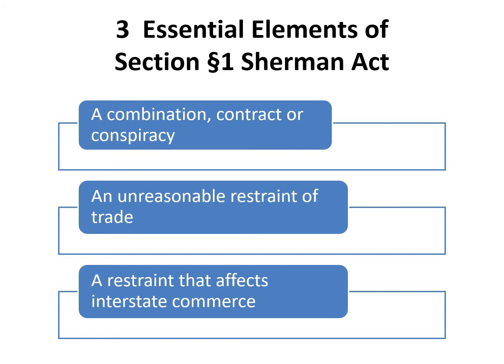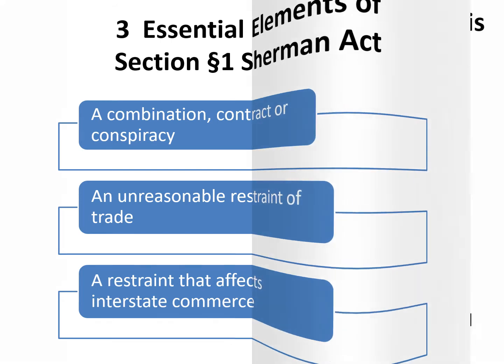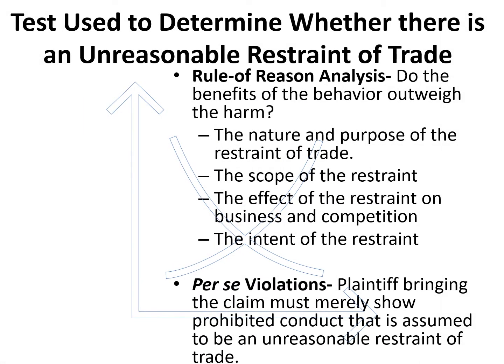But let's look at some specifics and flesh this out a little more, because there's a few important words here. We need to look at what's an unreasonable restraint of trade and whether or not this is affecting interstate commerce. We've got a test that we can use to determine whether there is an unreasonable restraint of trade.